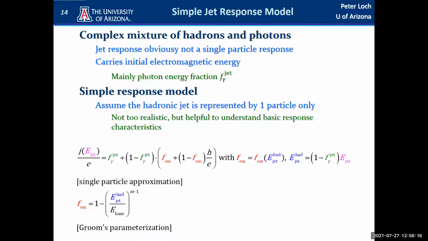But why would we do this? I mean, it's clear this is not very realistic, but it gives us an idea of what the corrections will be and how well our calorimeter will actually work for jets if we plug in the right numbers. So many of the numbers you see in this formula, FEM, for example, and H/E, have to be measured in the test beam if you want to get a realistic, somewhat average behavior of your calorimeter for jets.